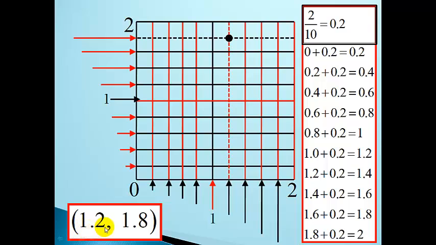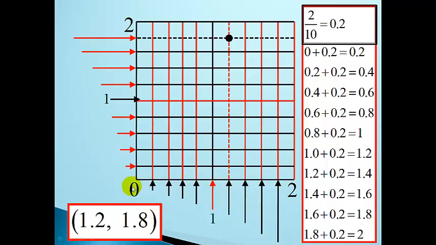Now with the point 1.2, 1.8, 1.2 is the x value, and 1.8 is the y value. Now with the 1.2, we know that on the x-axis, the value for each inner line is 0.2. If you are locating the point 1.2, we start from 1 because 1.2 is greater than 1.